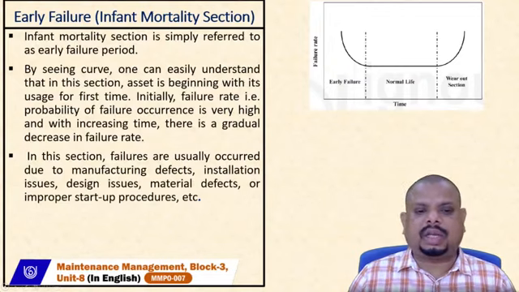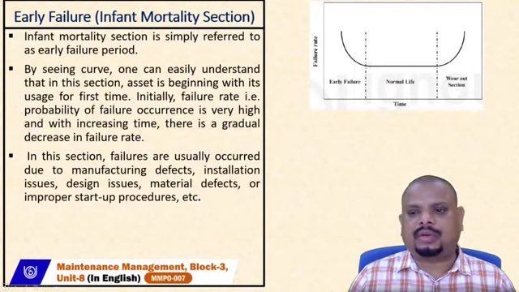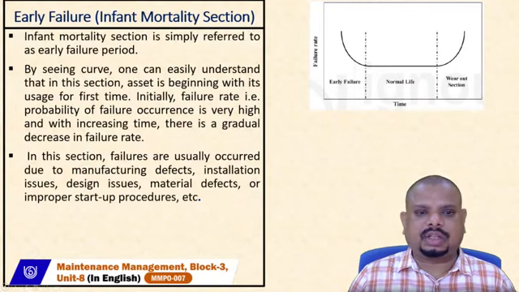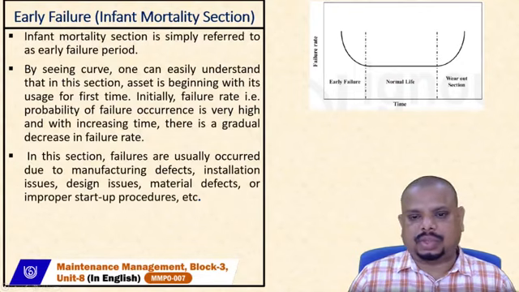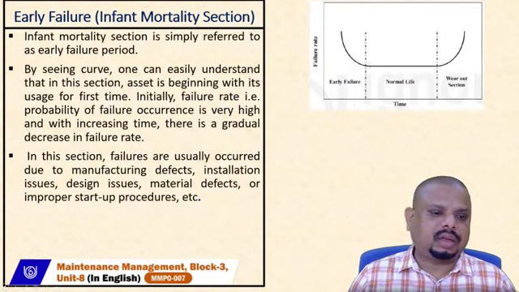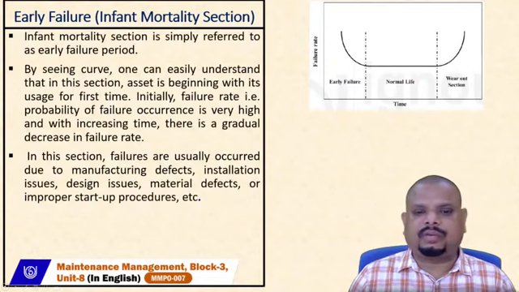In this section, failures usually occur due to manufacturing defects, installation issues, design issues, material defects, or improper startup procedure, etc. Let's take an example of a ceiling fan. Whenever you consider the ceiling fan under the first section, that is infant mortality, during the beginning, when you switch on the ceiling fan, we can find a number of failures.